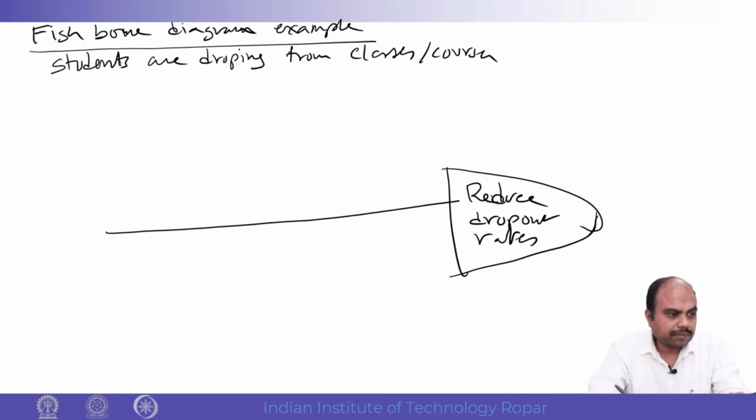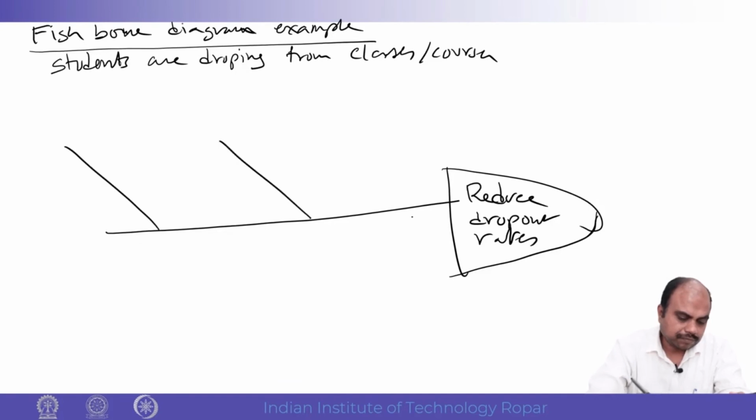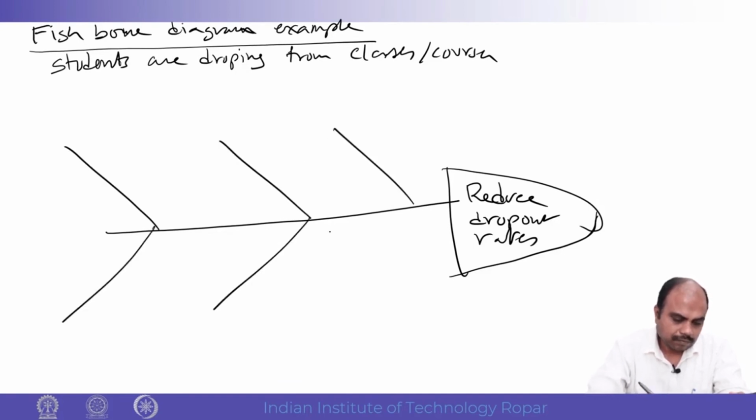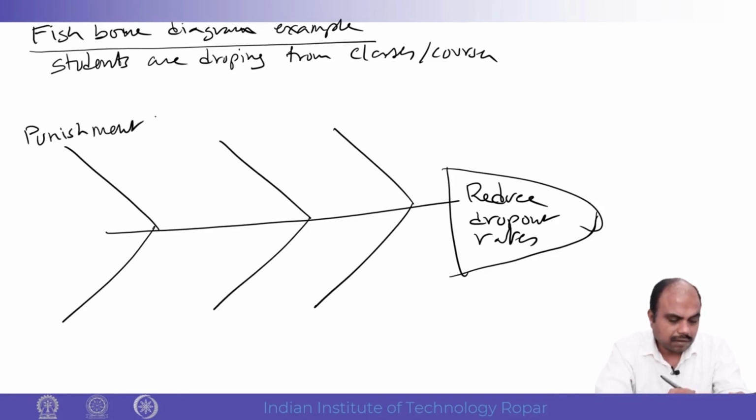So what the school has found out about the students is that the punishment is pretty high, and of course details they can find out. This is the overall thing.